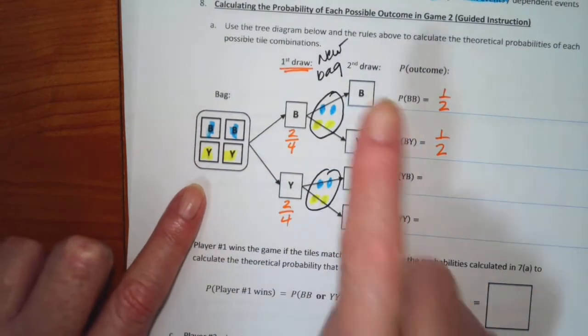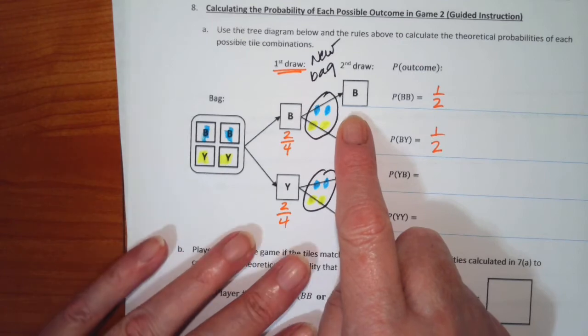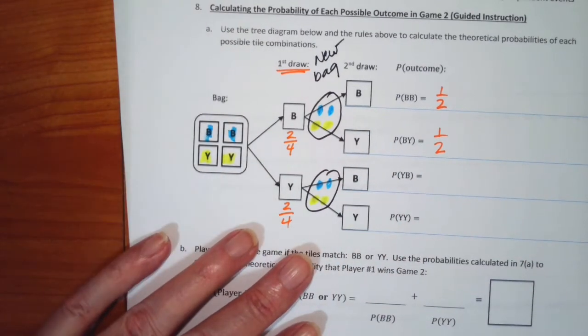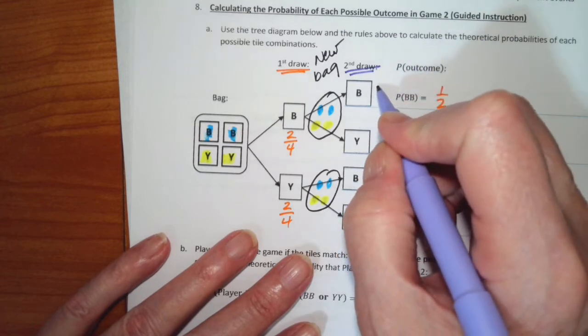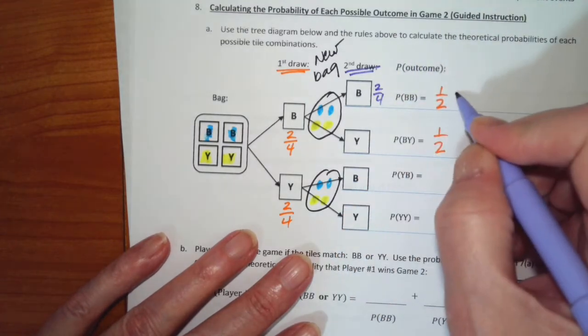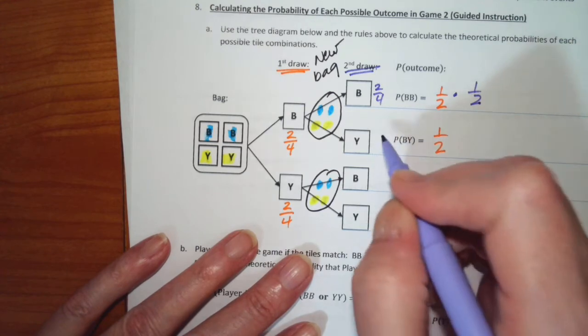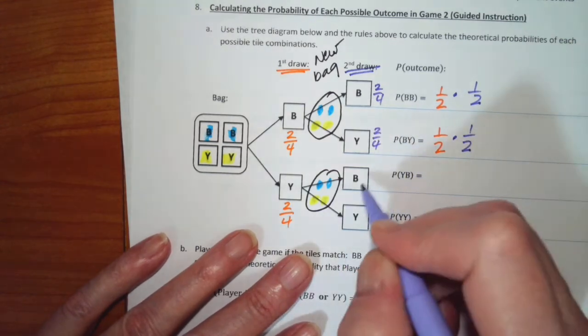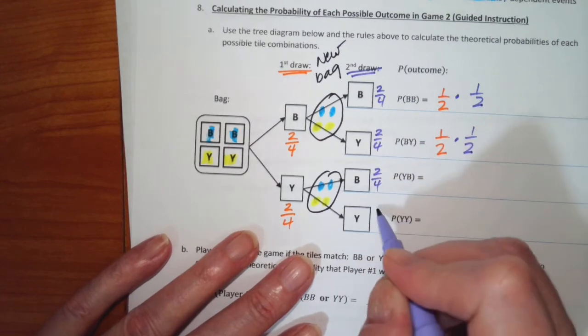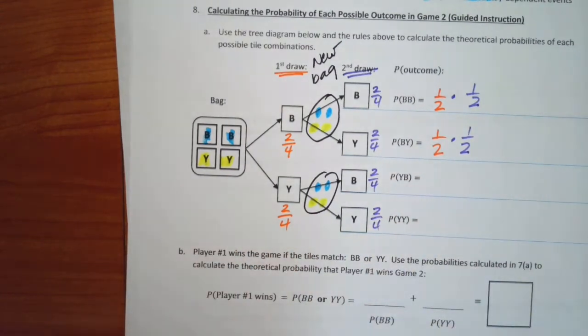So now the probability of getting a blue for the second draw is still 2 out of 4, which becomes 1/2. 2 out of 4, and 2 out of 4, and I forgot to write these down.